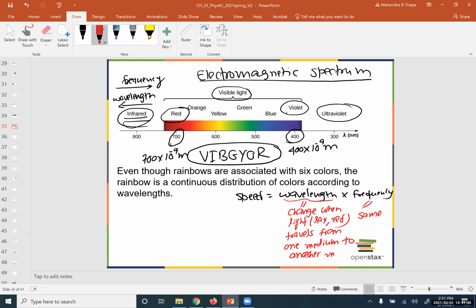That's why the speed will also change in different media.